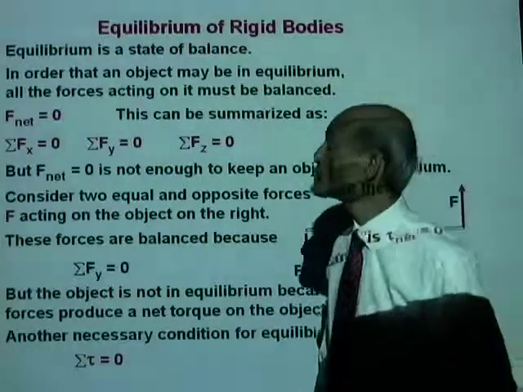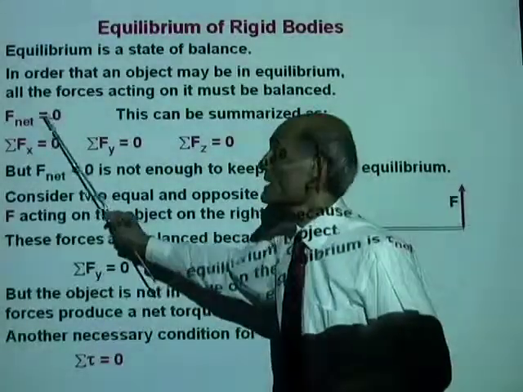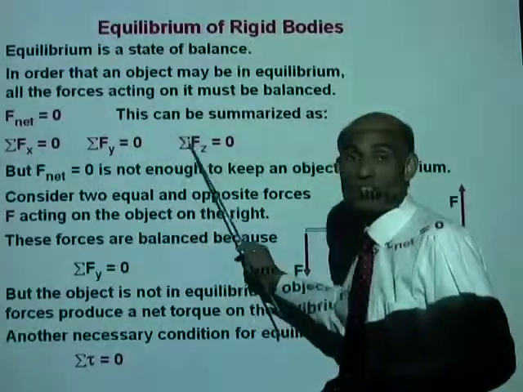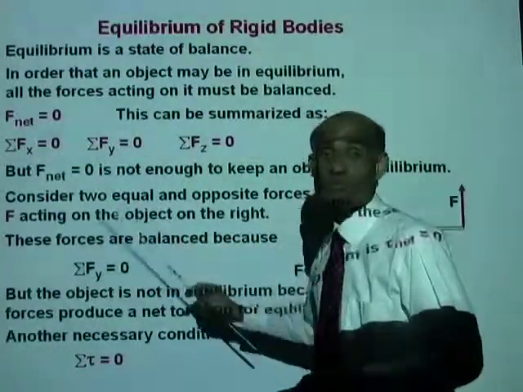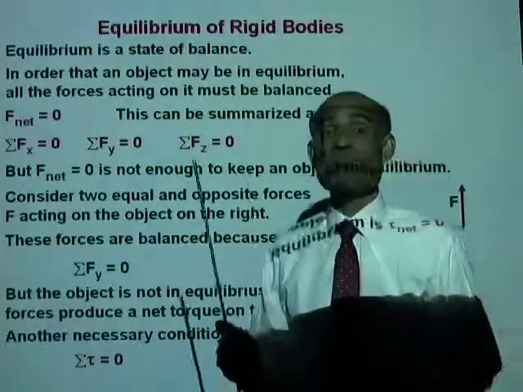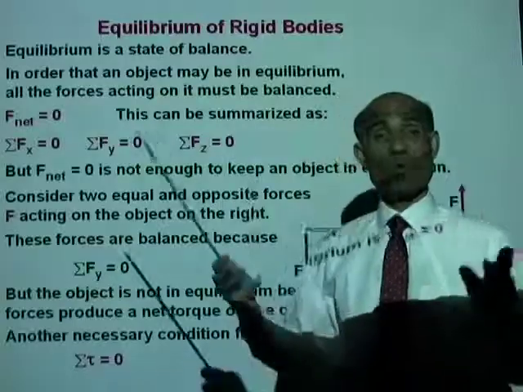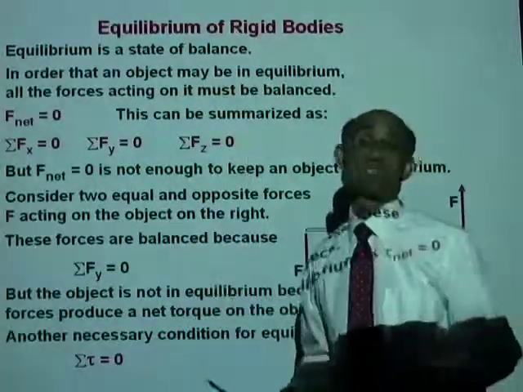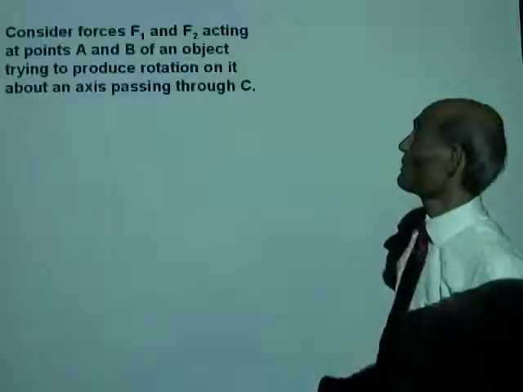So what are the conditions for equilibrium again? F net equal to 0, which can be written in three forms. Summation tau equal to 0. The sum of the torques of all the forces taken about any axis must be equal to 0.